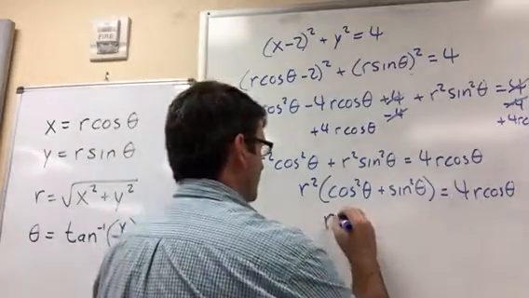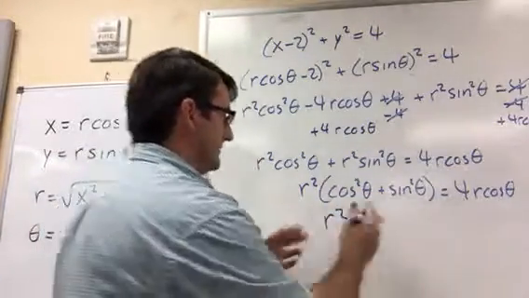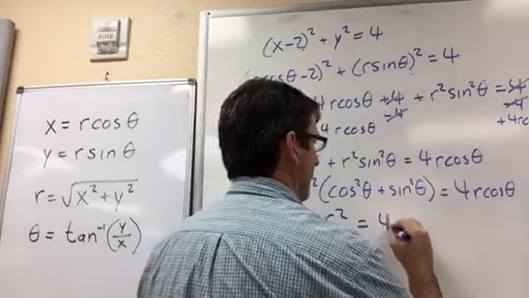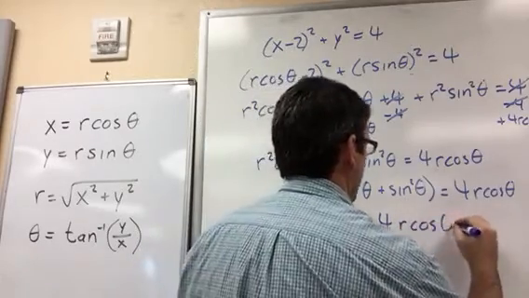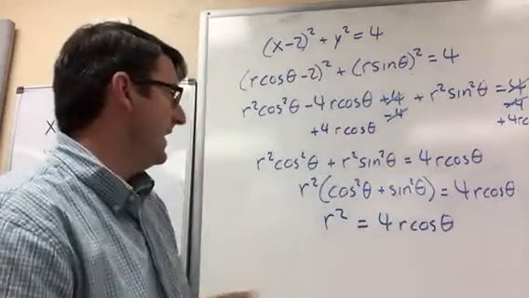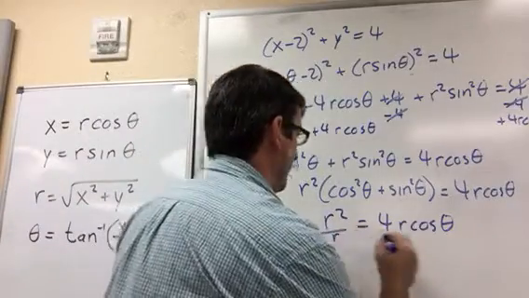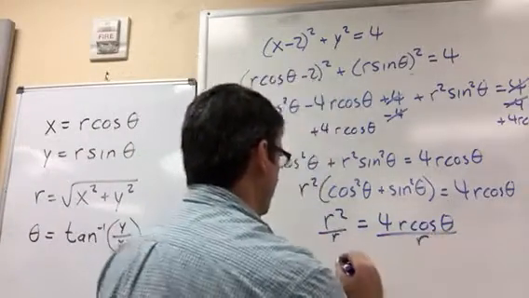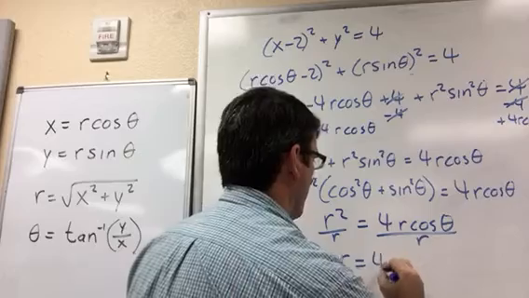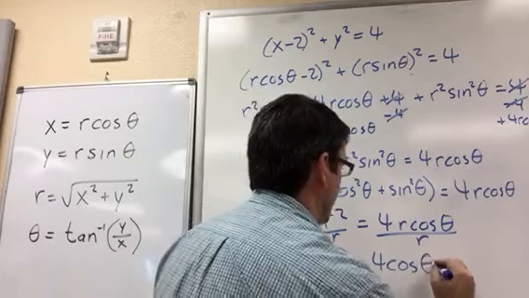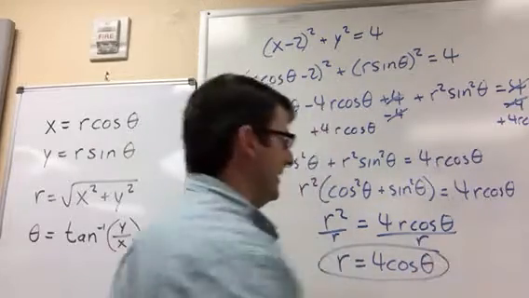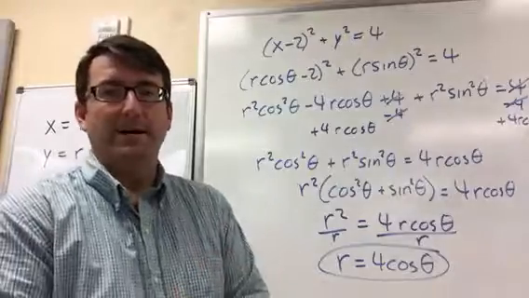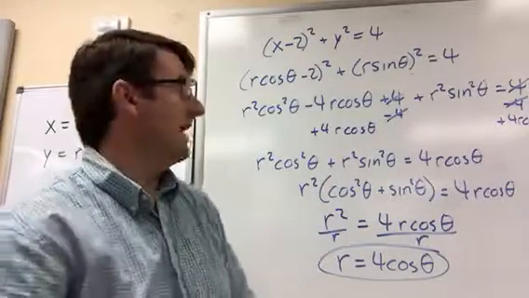So we get r squared times 1, so it's just r squared, is equal to 4r cosine theta. And then if we divide both sides by r, we're left with r equals 4 cosine theta, which is what we got doing the graphing method.